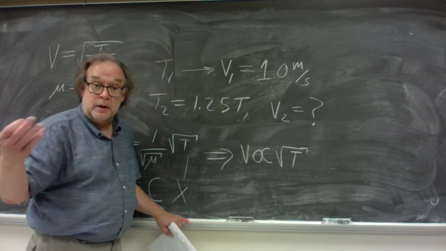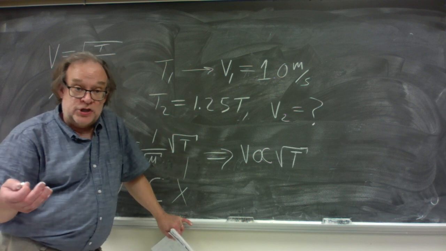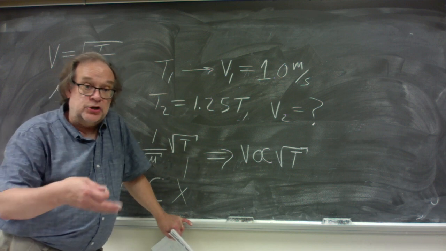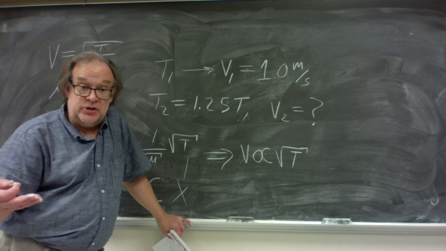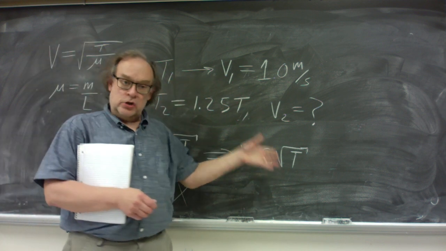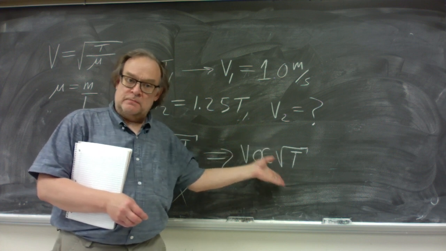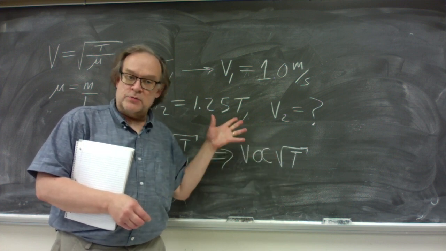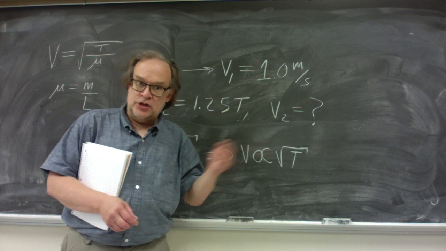What does that mean? Remember, direct proportionality means when one thing changes by some factor, the other thing changes by exactly the same factor. So if we knew how square root of T changed, we would know that wave speed changes in exactly the same way, changes by the same factor.